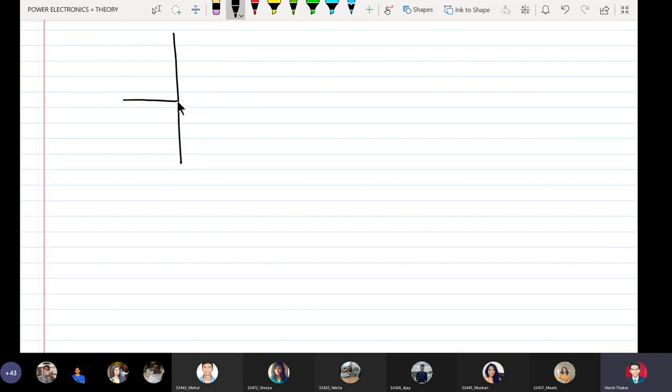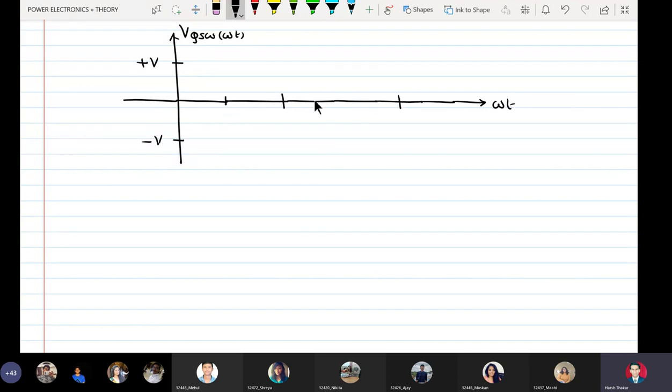This is my Cauchy square wave, the generic one. Omega t, and here it is V QSW of omega t. As I told you, it has two levels, plus V and minus V, at 180 degrees, 360 degrees, 90 to 270, and it is symmetric about 90 degrees.